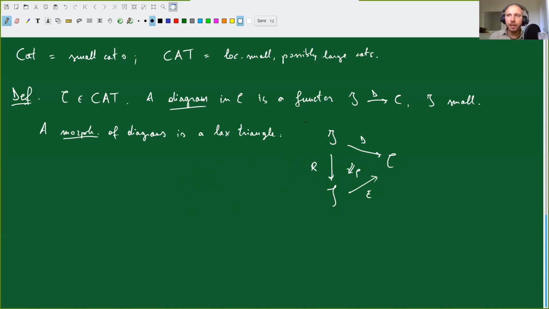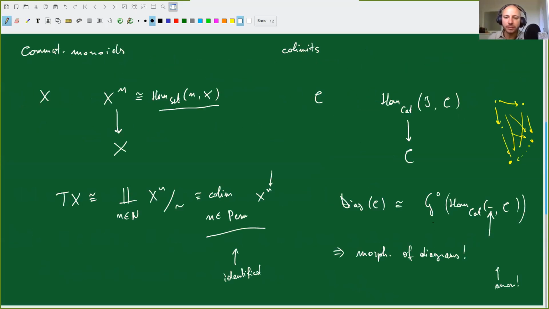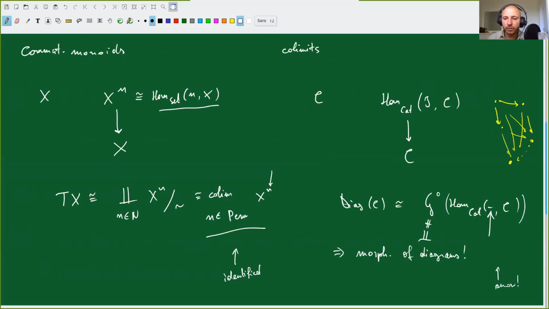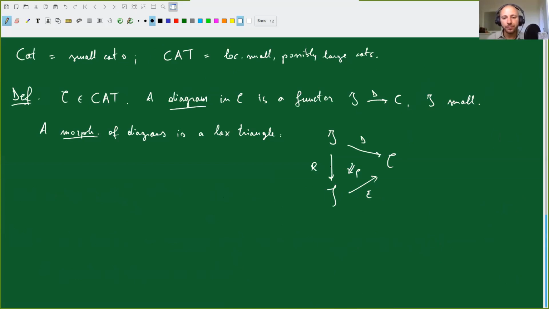So keep in mind this is slightly different from the usual, because usually we want R to be the identity when we consider morphisms of diagrams as just natural transformations. So that would correspond up here to taking the disjoint union of these guys, or like the coproduct. Instead, we are really using the arrows in this place, which gives us a fibration.